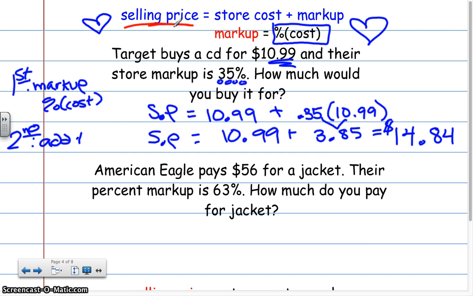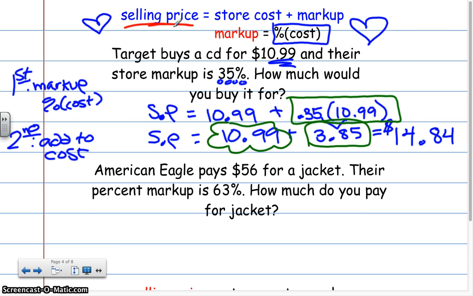Those are like my little steps I did. So I determined my markup, that's right here, percent times my cost. And then I added it to my cost. So here was my markup. I added it to what I paid for it. And my total selling price is $14.84.